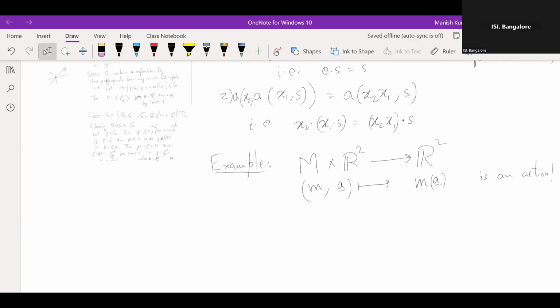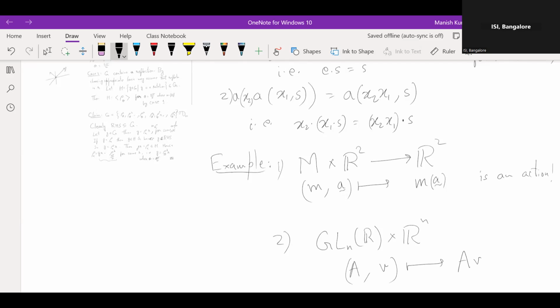This is not a group, but this is sort of GLn. GLn of a field, or let's say R, acts on Rn. So A comma V goes to AV.